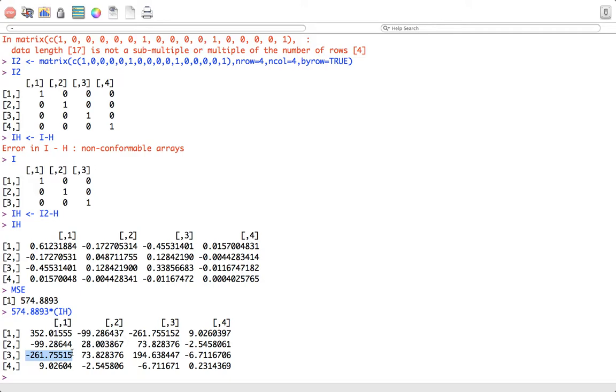Guys, to have independence, we need no relationships between the errors. And from this, I'm not seeing that they would be independent, because the covariances appear to be different than 0.